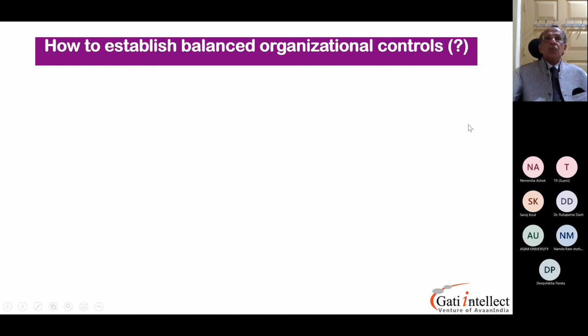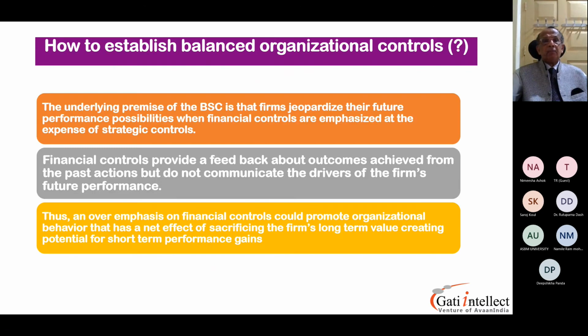Let's see how to establish balanced organizational controls. The underlying premise of the balanced scorecard is that firms jeopardize their future performance possibilities when financial controls are emphasized at the expense of strategic controls. This is what I said at the beginning.